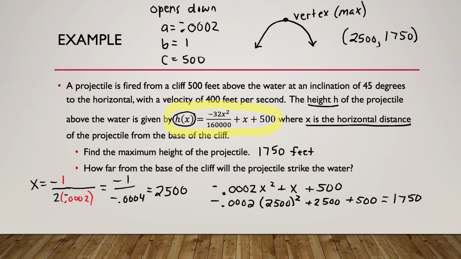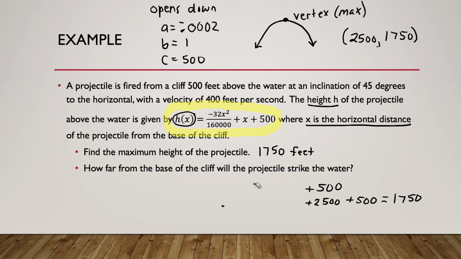Okay. All right, our second problem, the second part of this one, is a little bit different than what we've seen in the other two cases. So I'm going to make myself a little bit of room here. All right, so the second problem says, how far from the base of the cliff will the projectile strike the water?